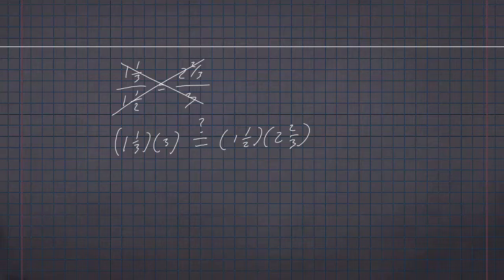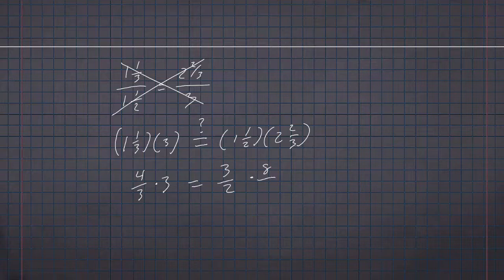Once again, in order to do arithmetic on fractions, it's better to have them as improper fractions instead of mixed numbers. 3 times 1 is 3, plus 1 is 4. So I've got 4/3 times 3. I've got 3/2 times 8/3.